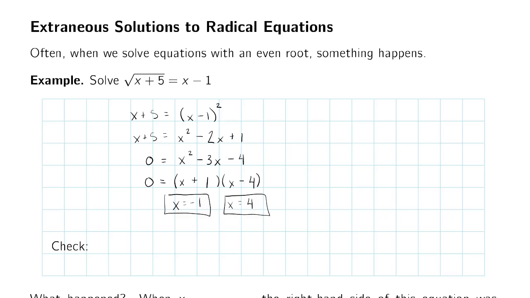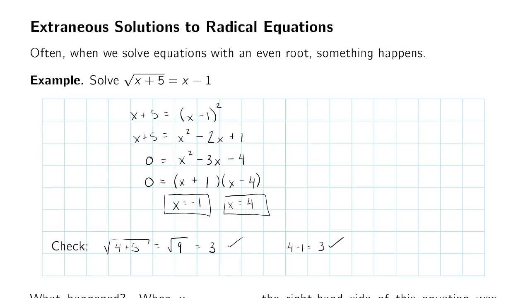But look what happens when we plug those back into the original radical equation. When I plug in x equals 4, I'll have the square root of 4 plus 5. That's the square root of 9, and that's 3. Meanwhile, 4 minus 1 also equals 3. No problem there.